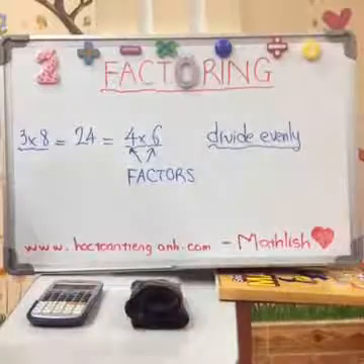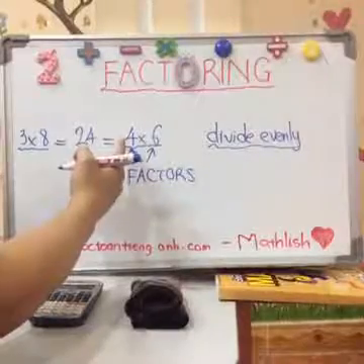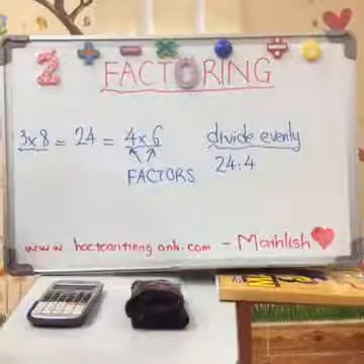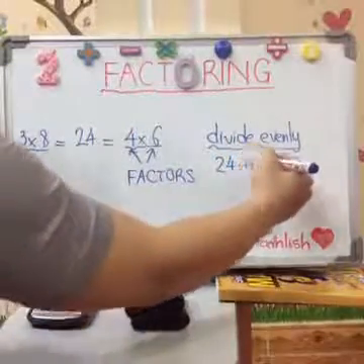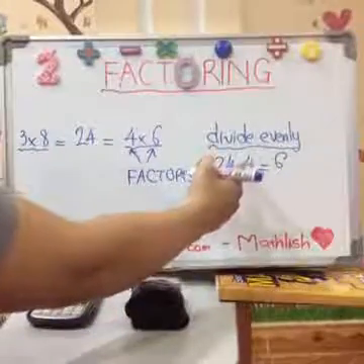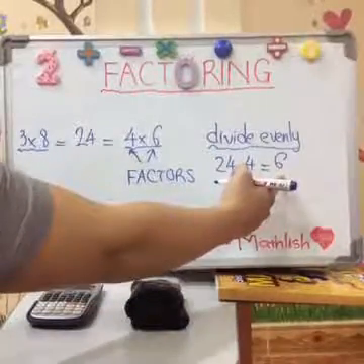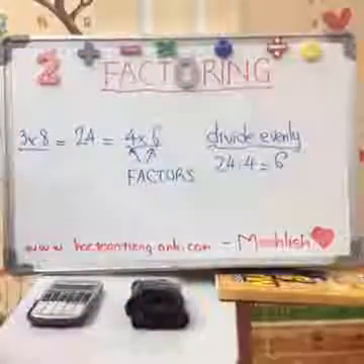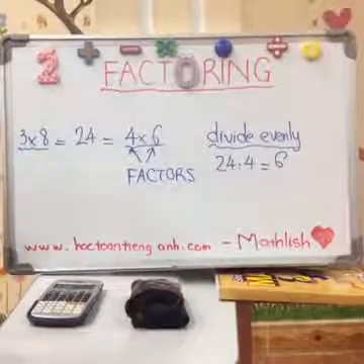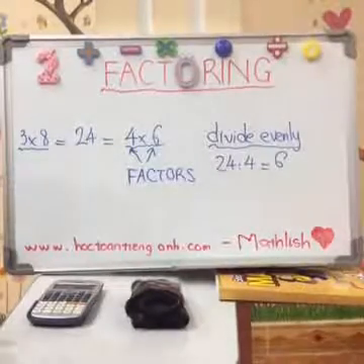For example, if we take our first factor 4 and divide it into 24, our answer will be 6. 4 divides into 24 6 times with no remainder. But what if we try to divide 24 by a number that isn't one of our factors, like the number 7?